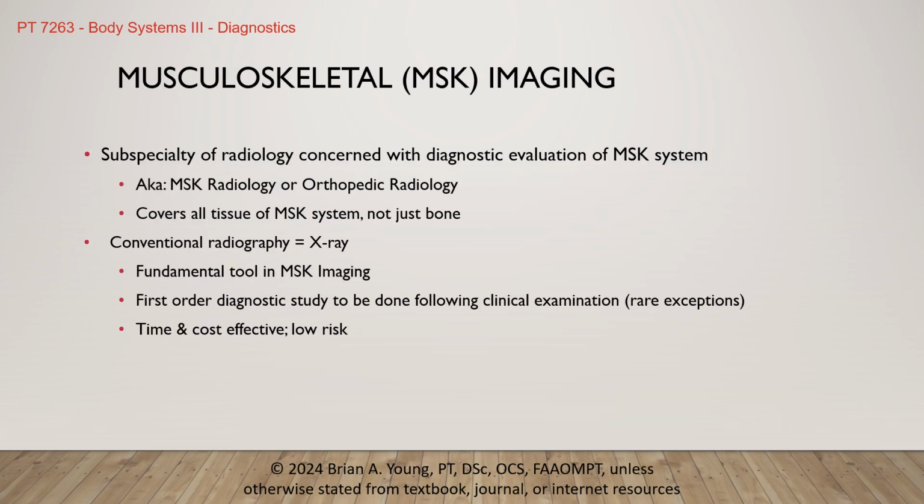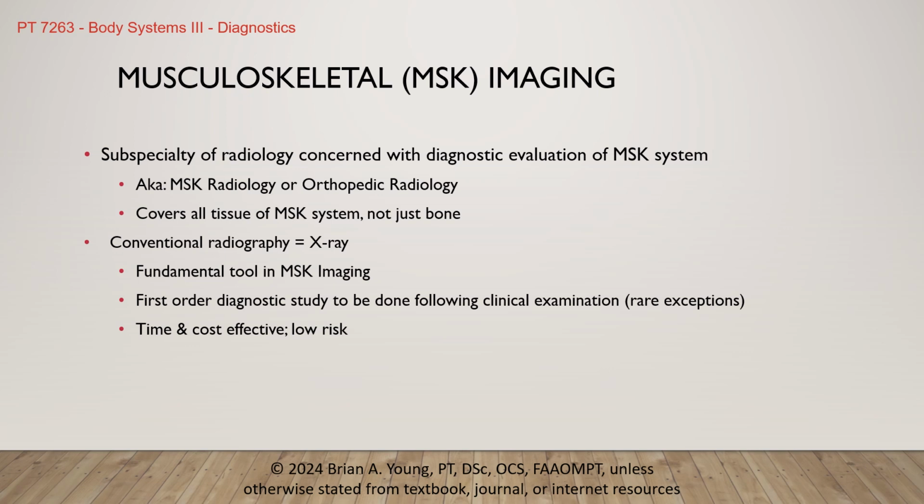Most of us are familiar with musculoskeletal imaging. We may not have recognized that as we just go to get imaging of bones or joints, but this is really musculoskeletal imaging, and it can also be called MSK or orthopedic radiology, and this covers most of the musculoskeletal system.